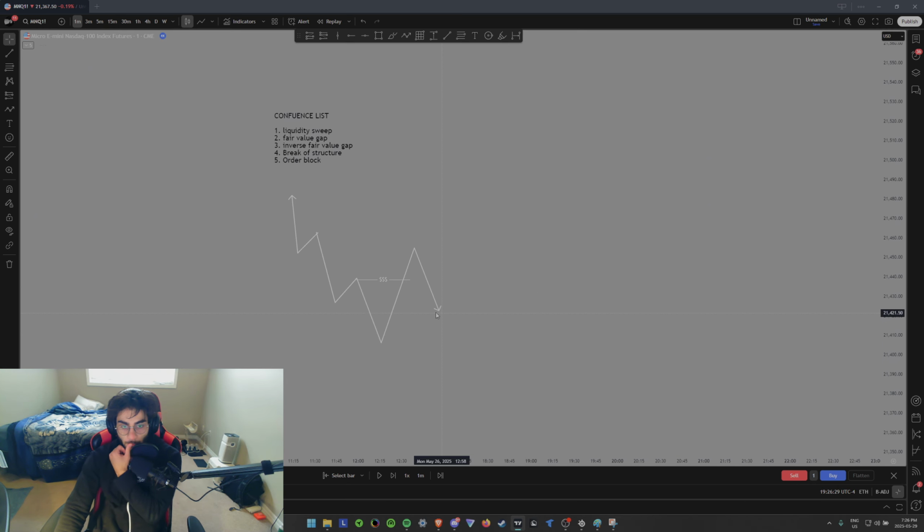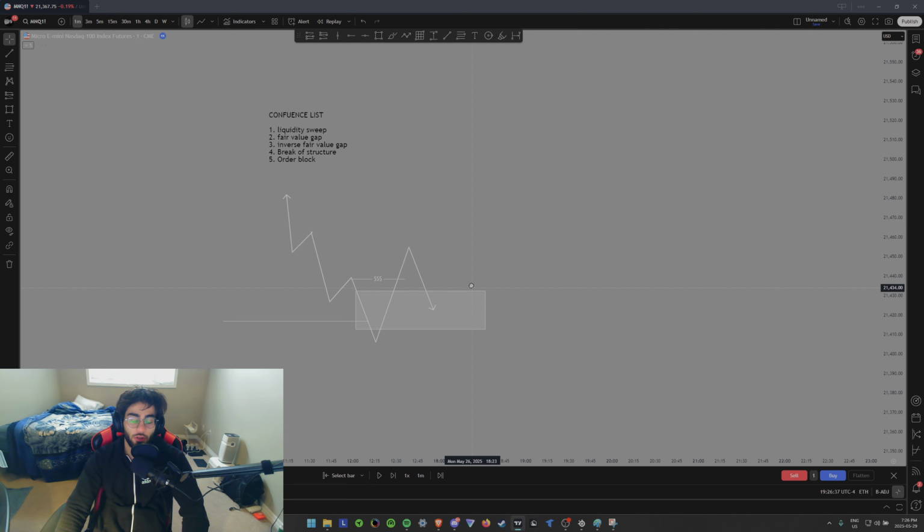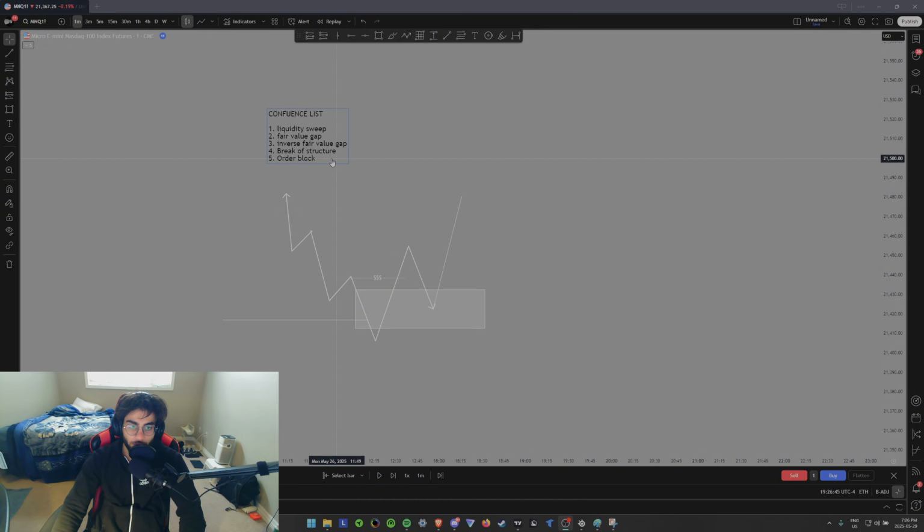It is simply the leg down that causes a liquidity sweep. So let's say right here, this causes a liquidity sweep, causes an order block, we get a bullish reaction out of it. I'm sure you guys can kind of see the model coming together now.